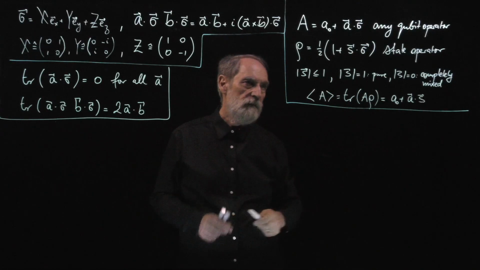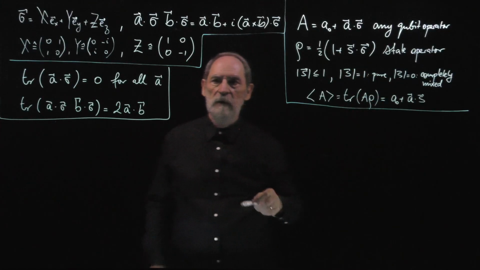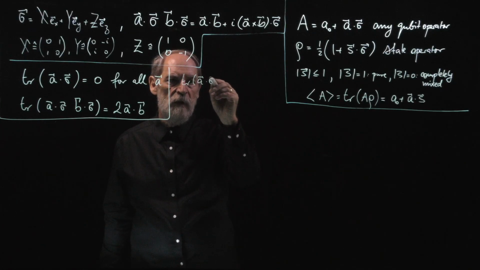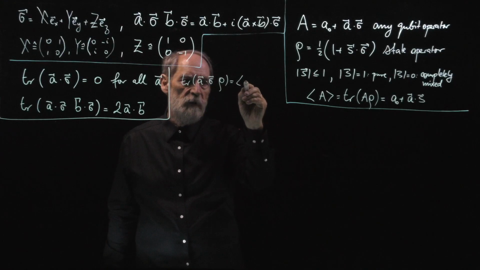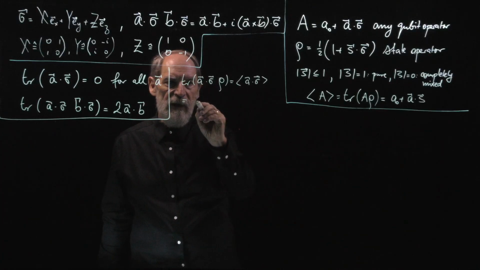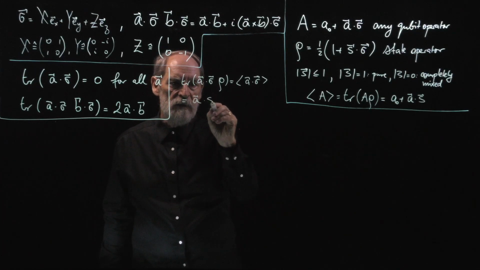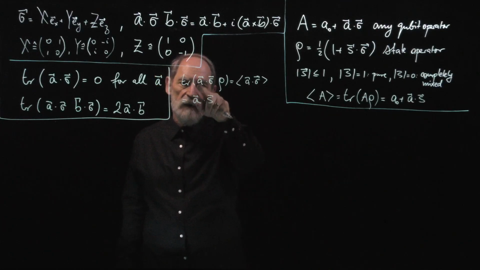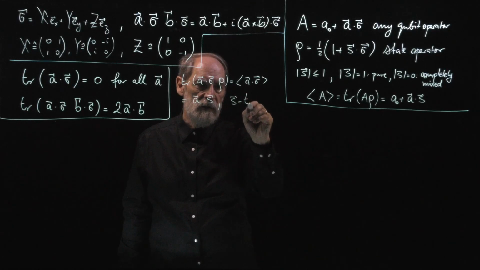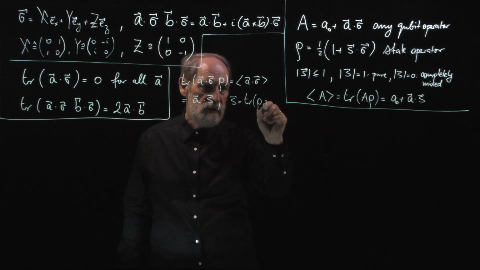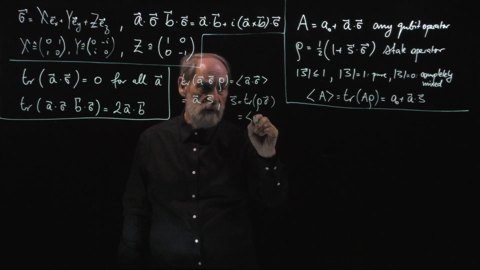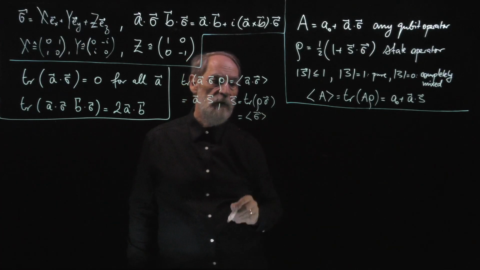Now, it sort of is implicit here already that if we take the expectation value of A dot sigma with rho, this is equal to A dot S. But then, since A is arbitrary, this just says that S itself is equal to the trace of rho times the sigma vector operator. So this is the expectation value of the sigma vector operator.